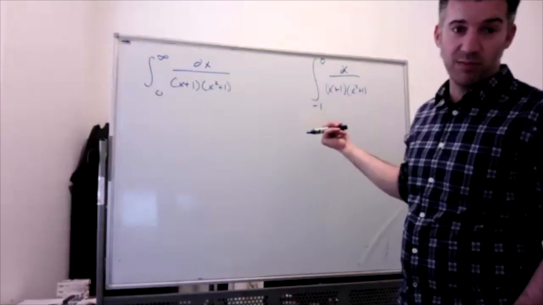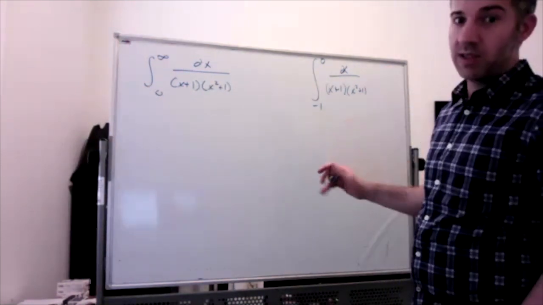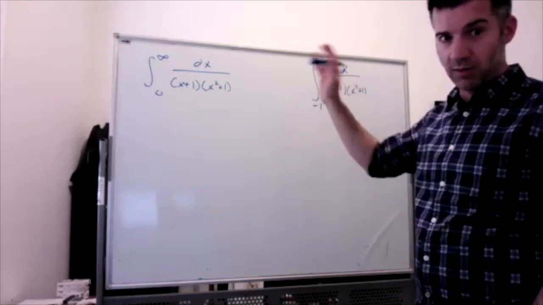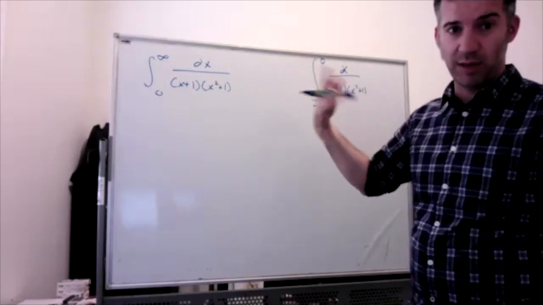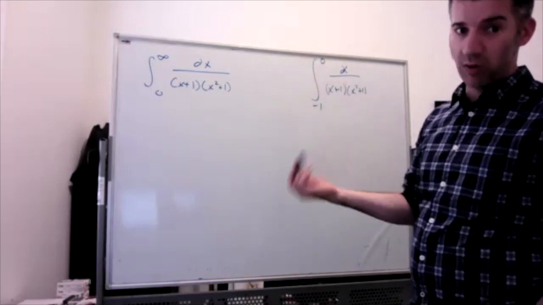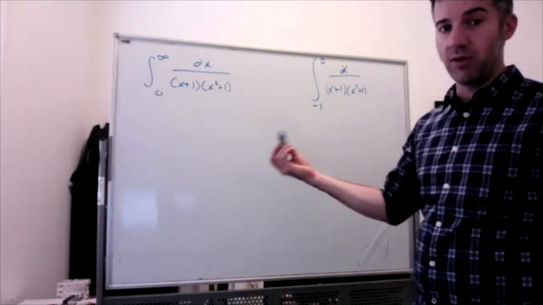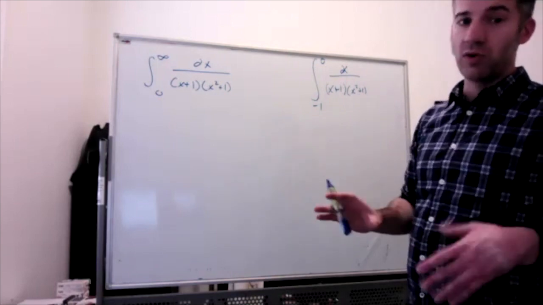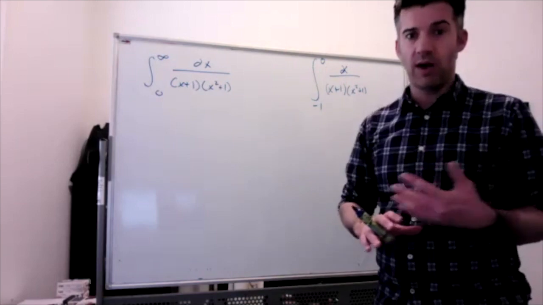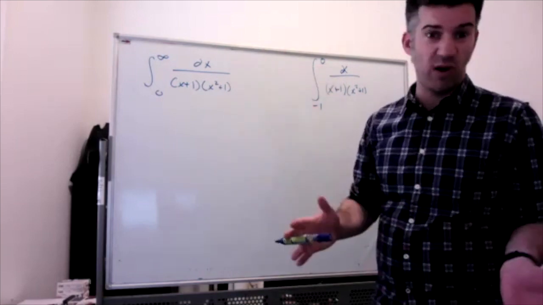This integral, I'm pretty sure, diverges. So this intuition of comparing to 1 over x to the p, where the power has to be larger than 1 to converge and smaller than or equal to 1 to diverge, is only true for integrals where you have infinity as your only kind of problem.